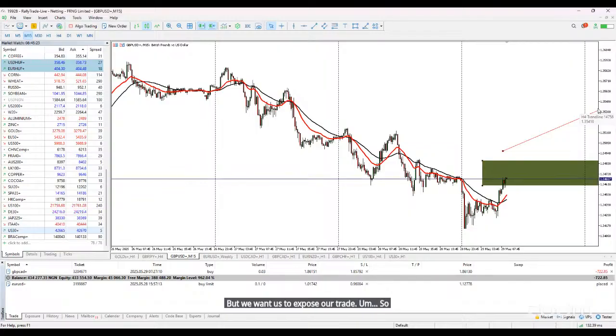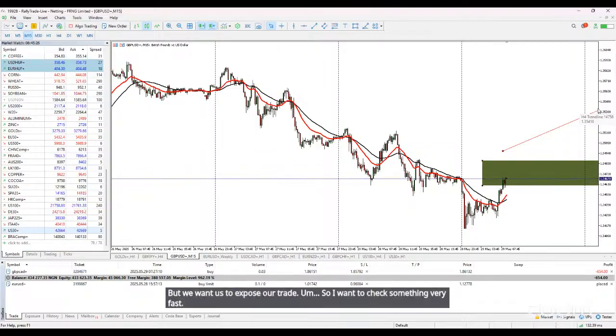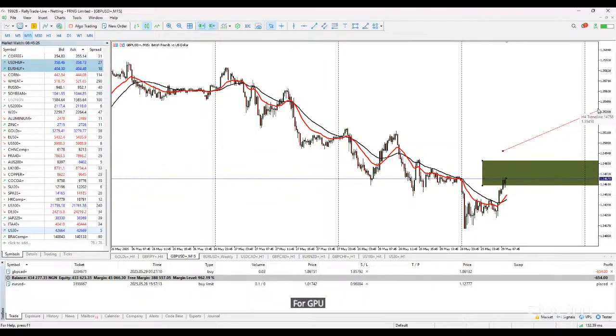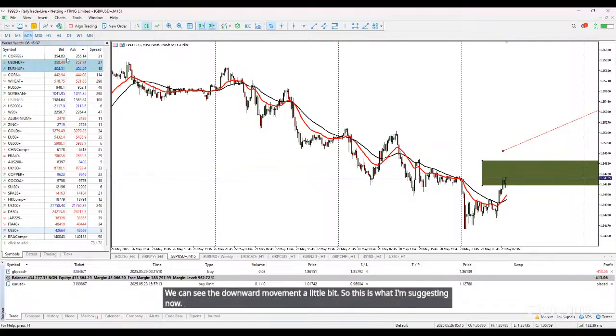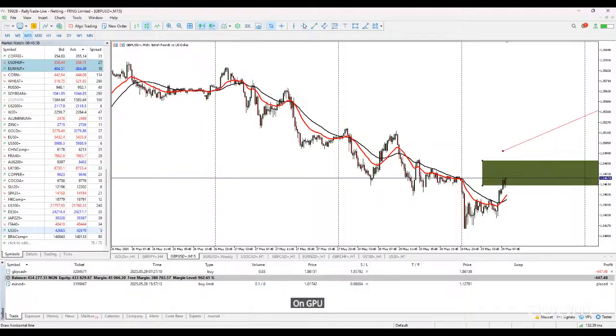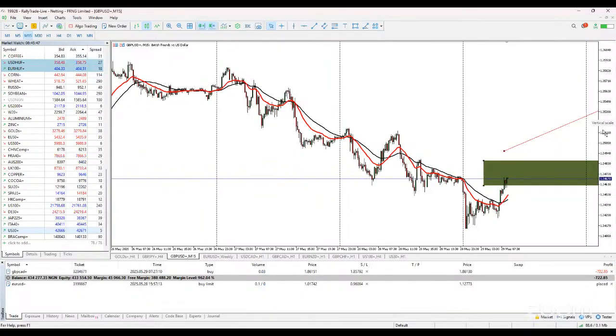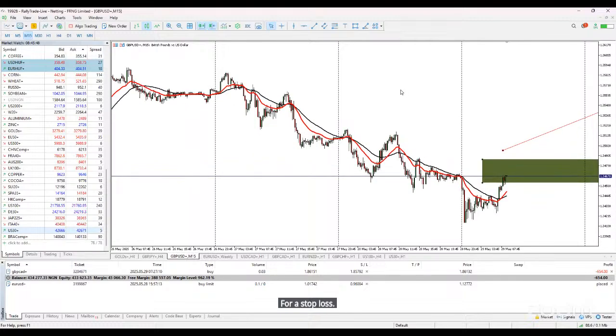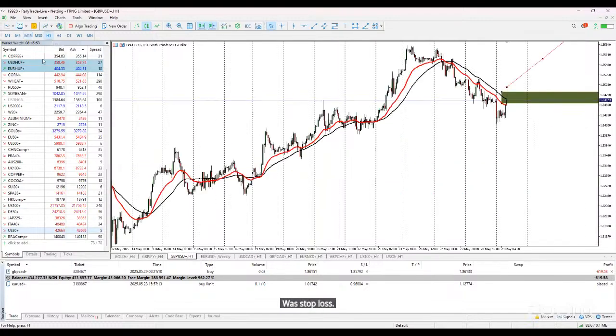So I want to check something very fast. For GBP/USD on the 15 minutes time frame, we can see the downward movement a little bit. So this is what I'm suggesting now on GBP/USD for our stop loss.